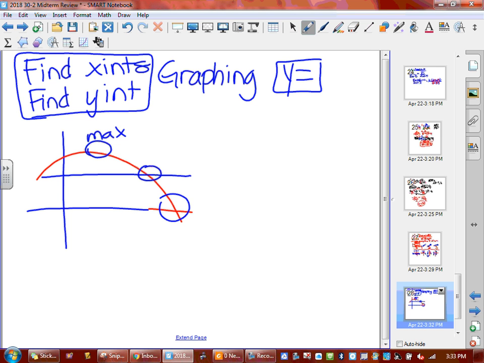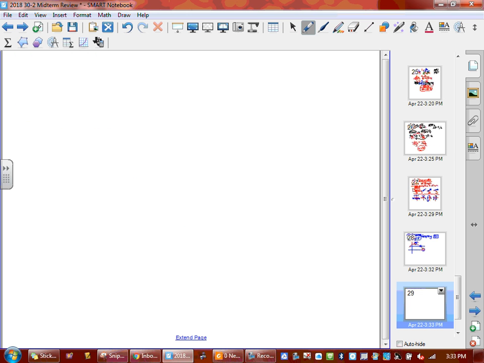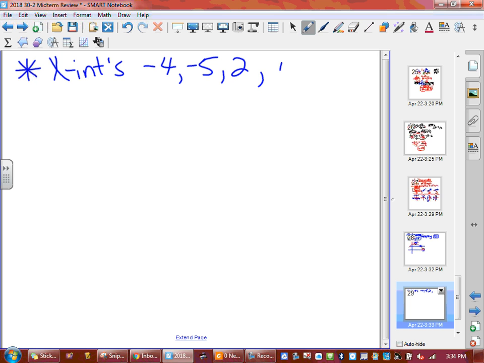Okay, if it's asking you to compare graphs, so it's going to ask you to compare different graphs, and they're going to give you the equations only. So they're going to say, you have x-intercepts of -4, -5, and 2, and a y-intercept of +7. Which equation matches that?